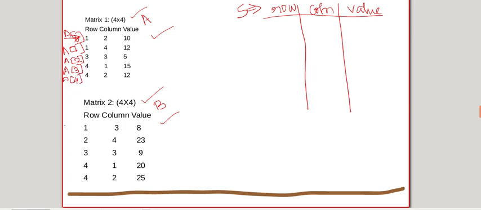And this is B of 0, B of 1, B of 2, B of 3 and B of 4.